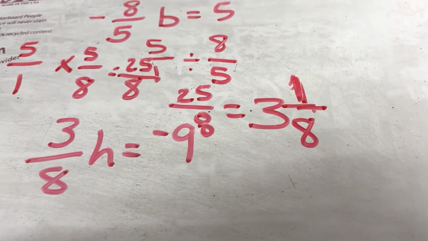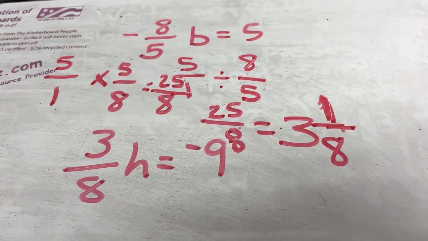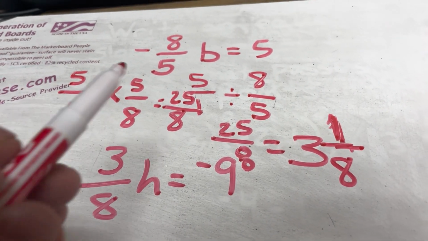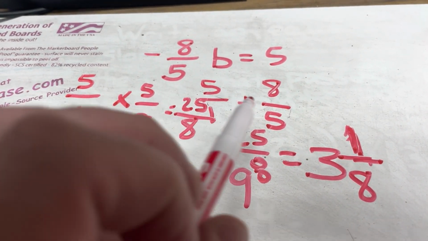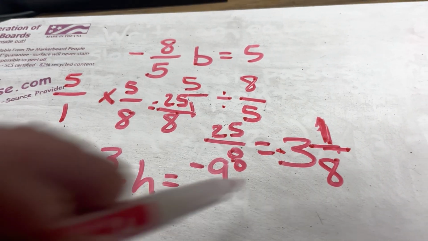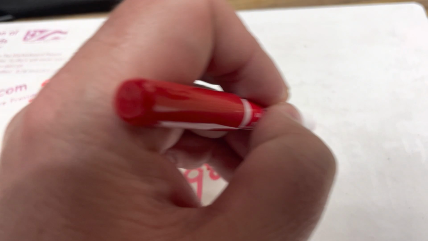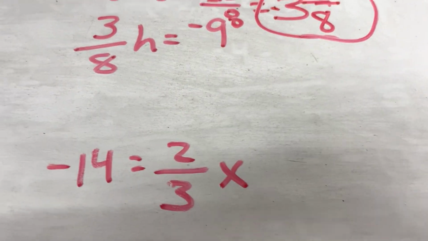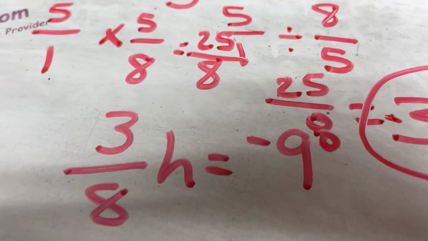And my denominator is 8. So my camera's acting a little weird today, but anyway. So I'm going to get 3 1/8, but I know it's a negative because I'm dividing by a negative. So I get -3 1/8. Final answer.